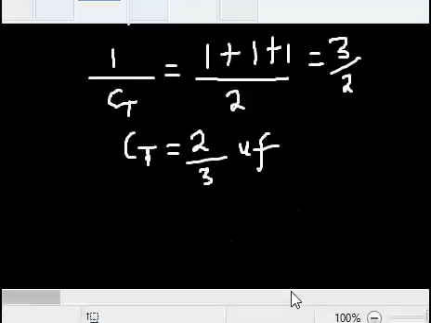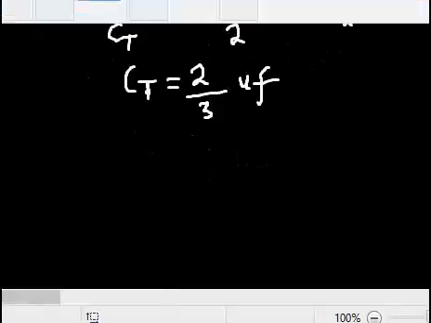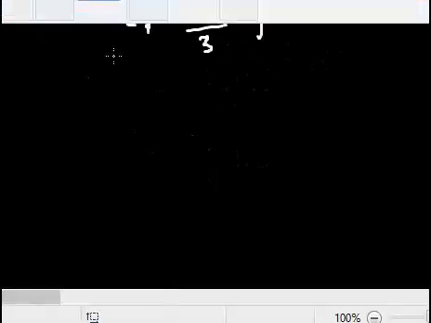So here we go, we proceed with our slides. Now we're going to be looking at the energy stored by a capacitor. I think this is the last subtopic.